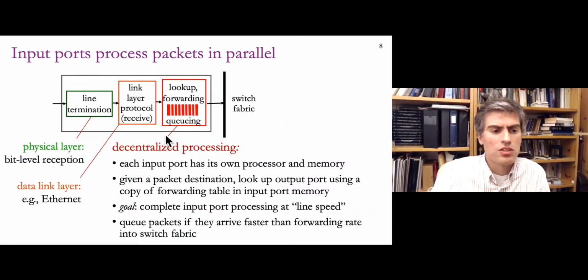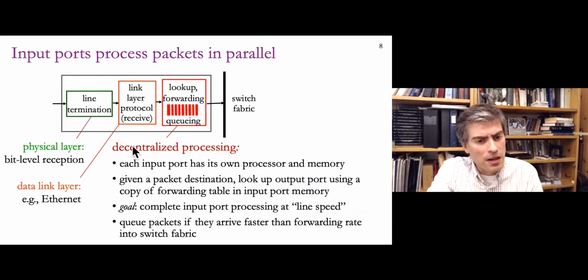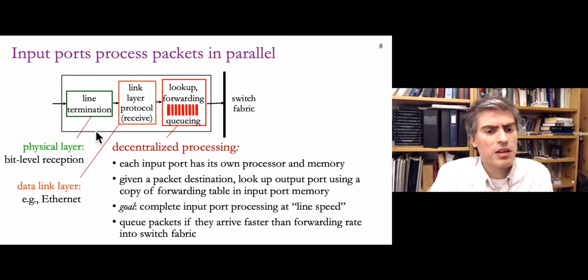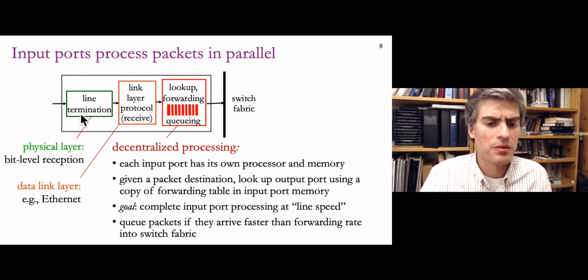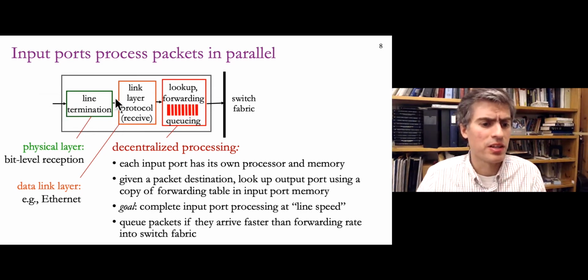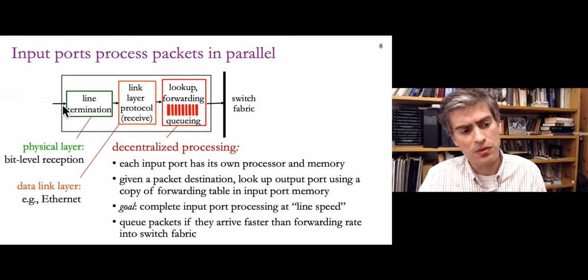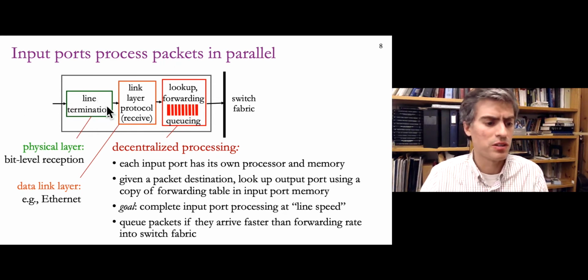To zoom in on one of those input ports, it was shown in the previous diagram with 3 boxes. That's not too important, but you have a physical wire coming in, and there's some circuitry needed to convert from that signal that comes in to zeros and ones into packets.